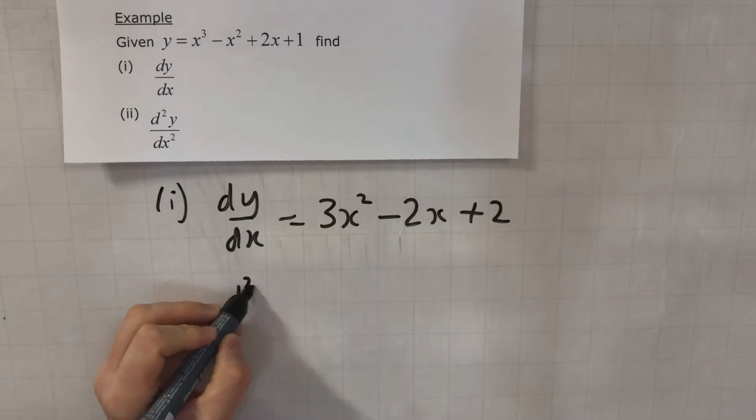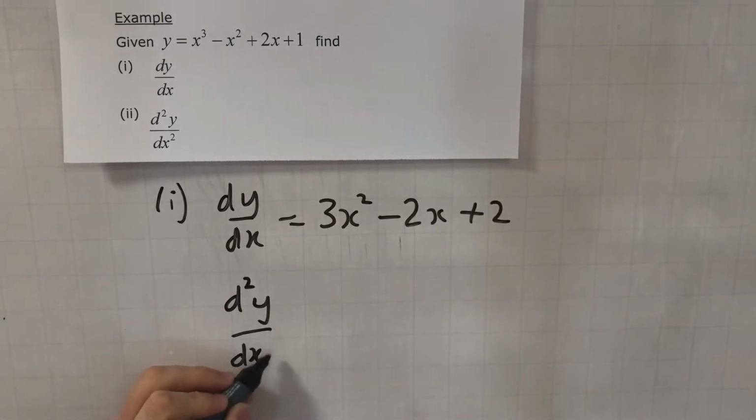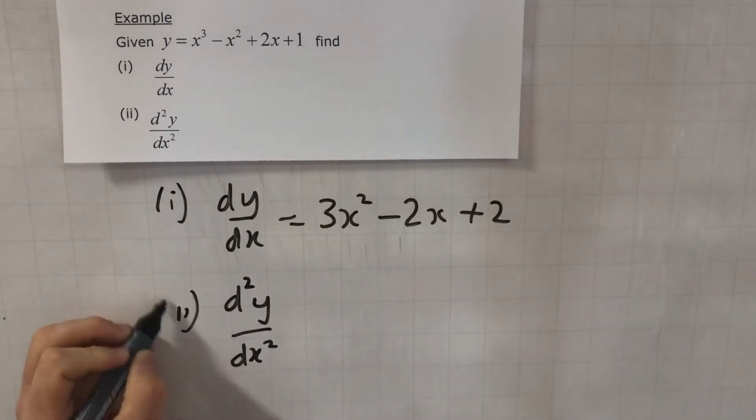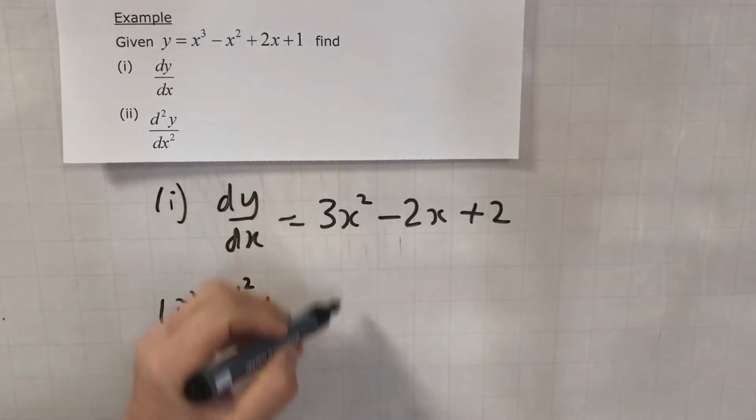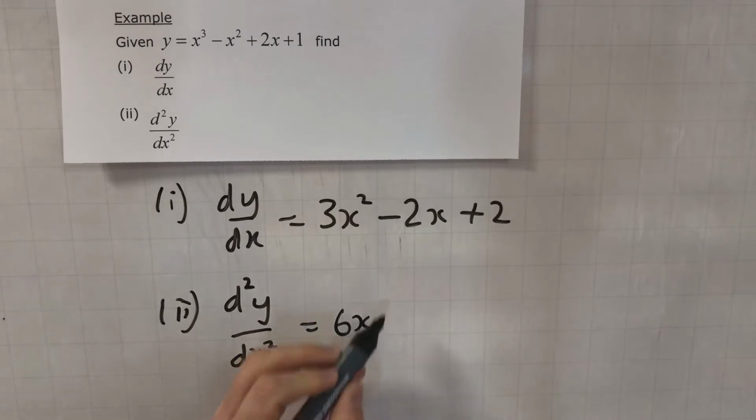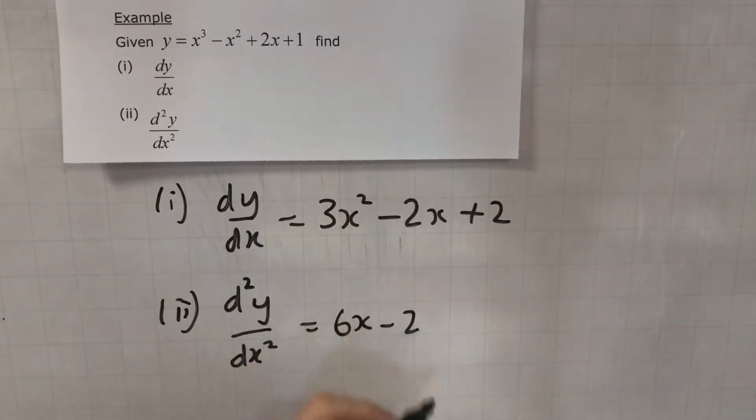And what I'm saying is that we can now differentiate that again using the notation that I've just said. Differentiation of that would be 6x. Differentiation of that would be 2. Differentiation of that, nothing. Second differentiation, d2y by dx squared.